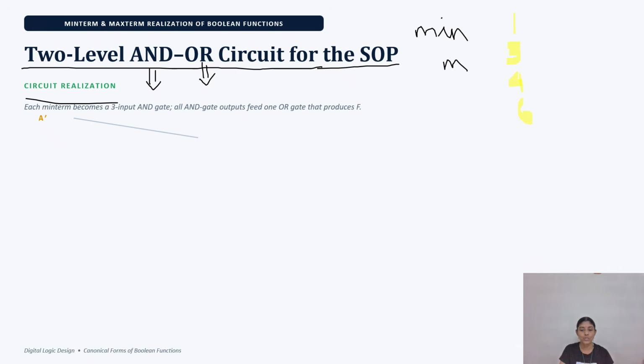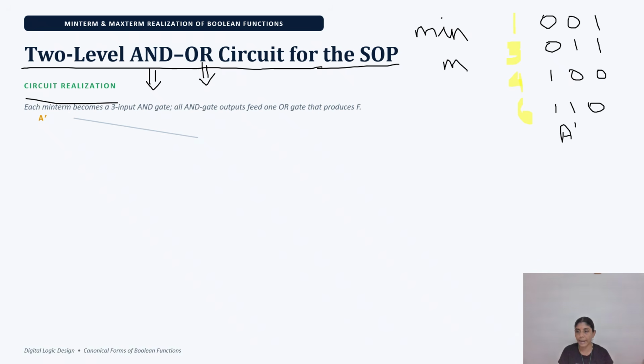Right? So what is for 1? That is 0, 0, 1. What is for 3? 0, 1, 1. What is for 4? 1, 0, 0. What is for 6? 1, 1, 0. Right? What does this 0 represent? Complemented form, A dash. What does this 1 represent? It is an uncomplemented form.